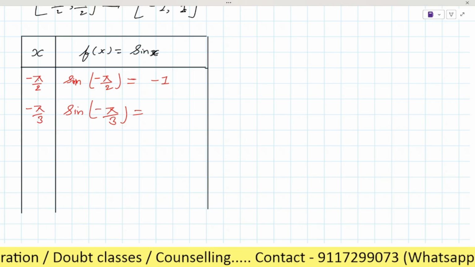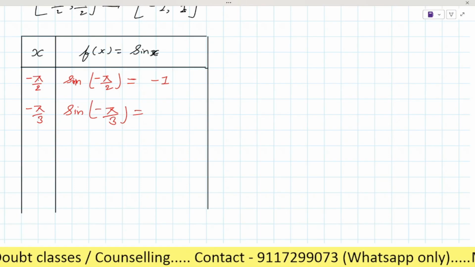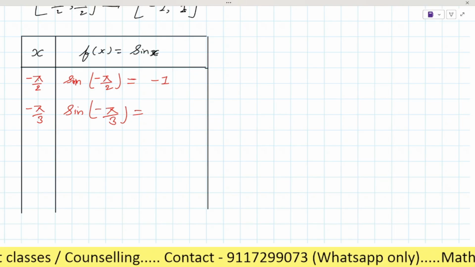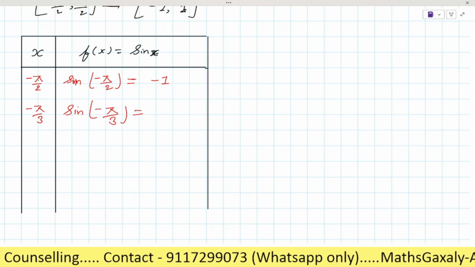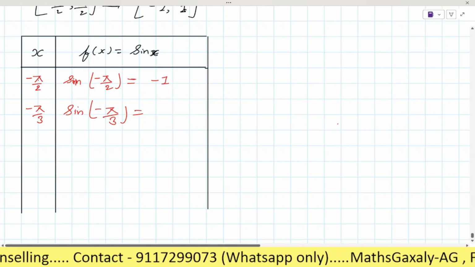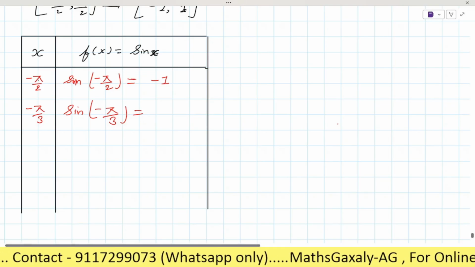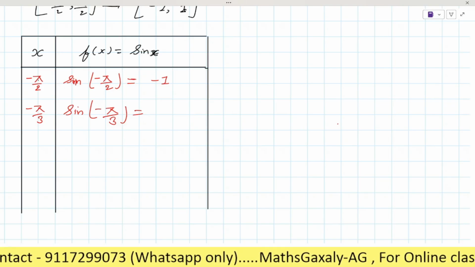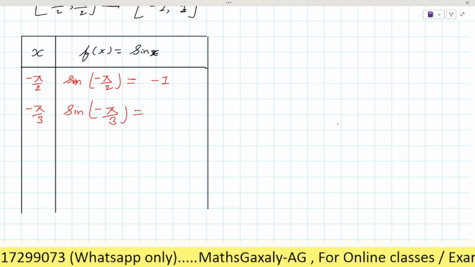That's why I told you that before attending the class you have to do the revision of trigonometric functions, the concepts of 10th and 11th class. So that when we discuss inverse trigonometric functions, you can easily understand it. If you have any doubts in the previous concepts, first go and do the revision.